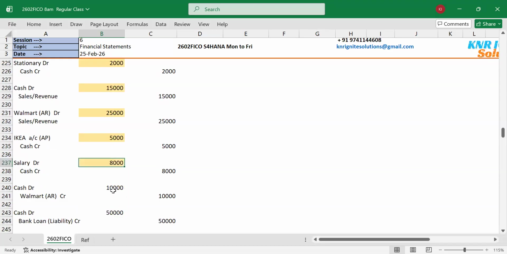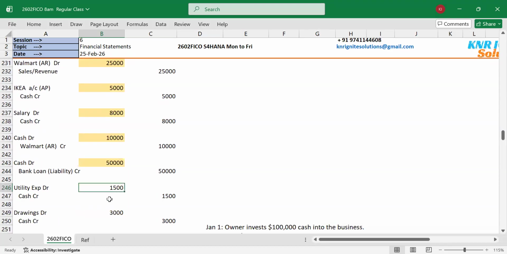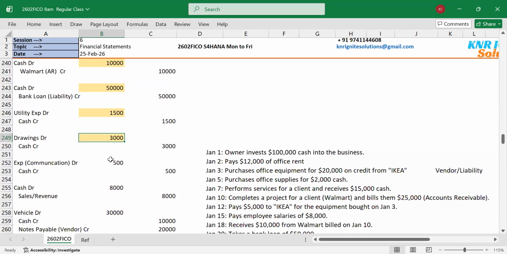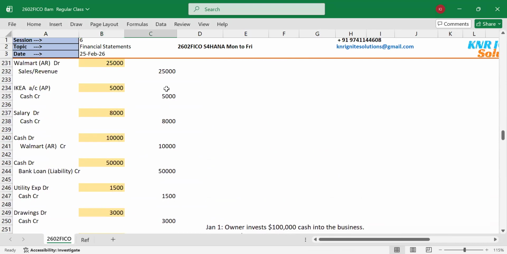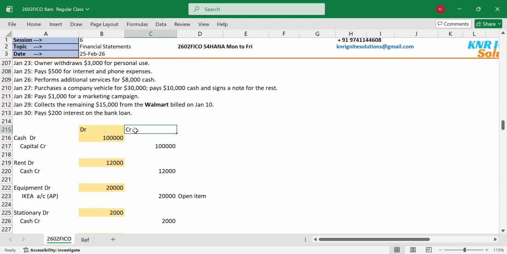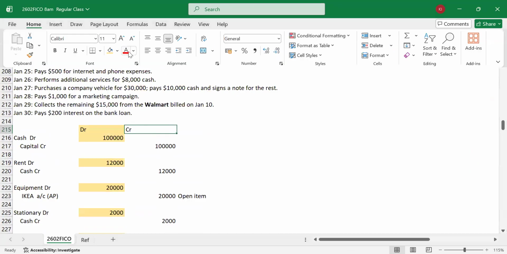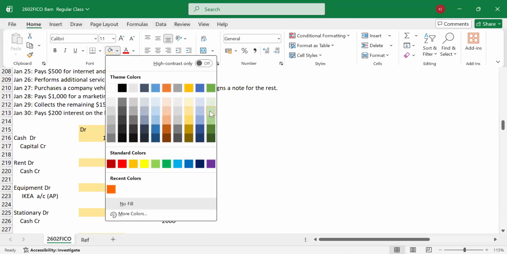All the debits I'm putting in one color so that it is easy for you to recognize. Now all the credits I'll put in a different color so that it becomes easy to recognize.